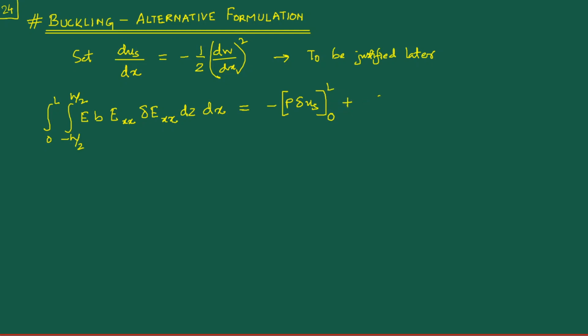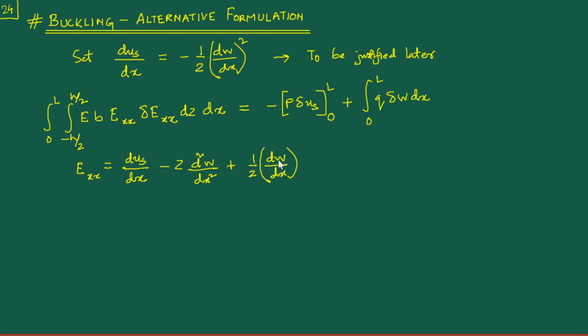If you remember from the previous videos, we had developed our formulation by considering the left hand side and the right hand side separately. What I have done here is basically consider them together. Now this Exx, this nonlinear strain, this expression was du s dx minus z d squared w dx squared plus half (dw dx) squared.